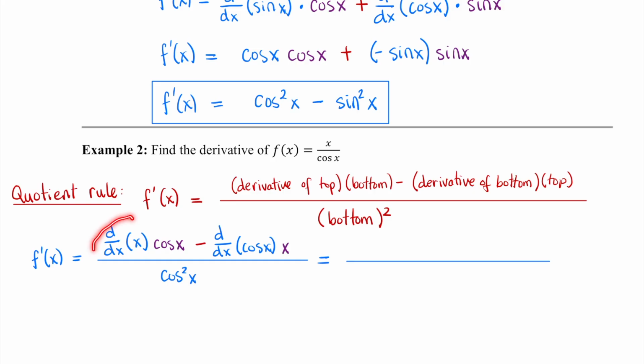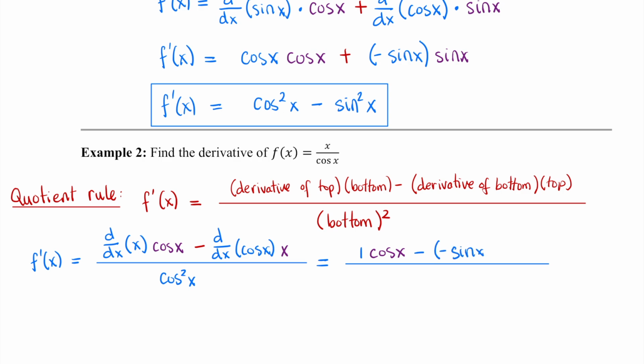The derivative of x is 1 times cosine x, minus the derivative of cosine x, which is negative sine x, multiplied by x, over cosine square x.